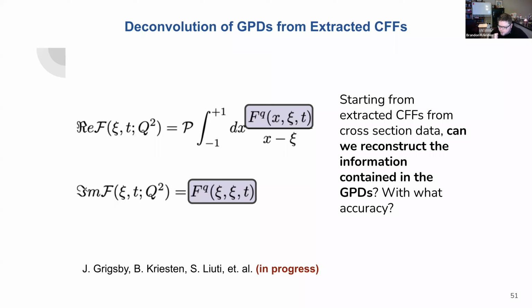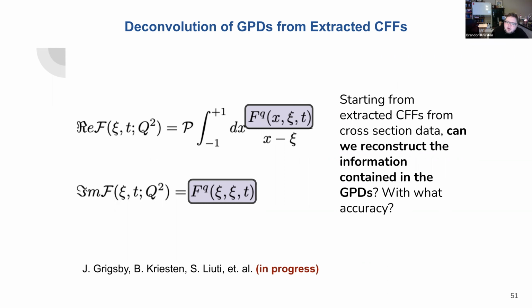With neural networks, we have this opportunity to utilize new configurations to solve what are called inverse problems. If we have a Compton form factor, can we reconstruct the information of the GPD that's lost from integrating over this X variable, for instance?